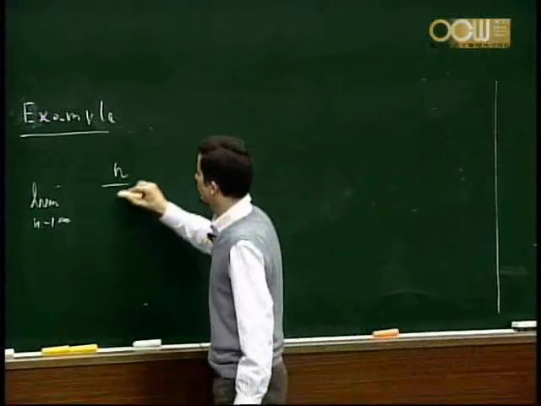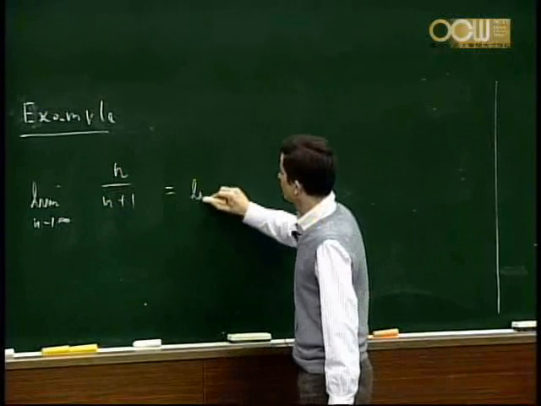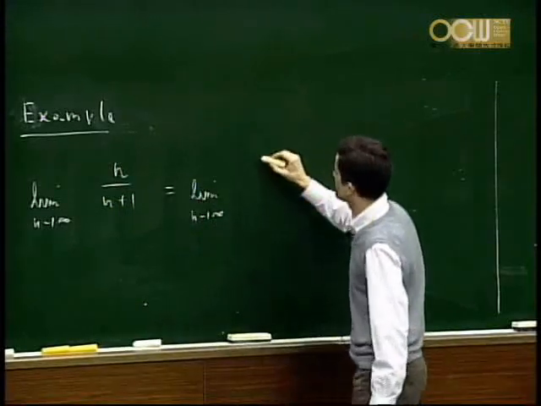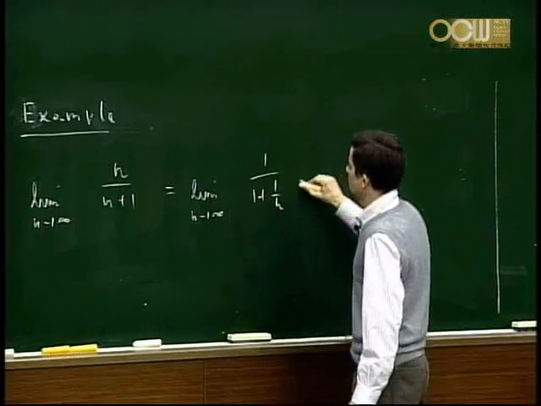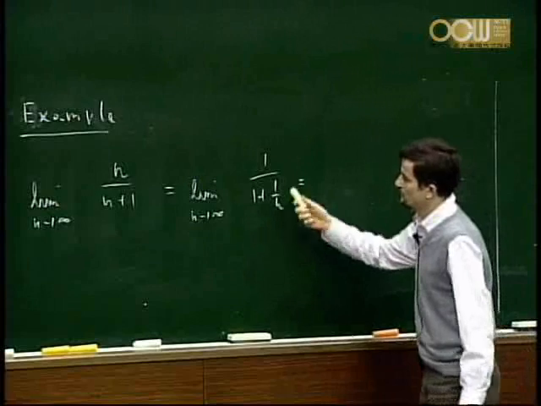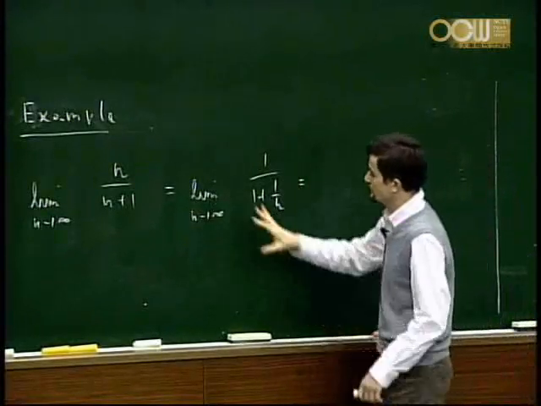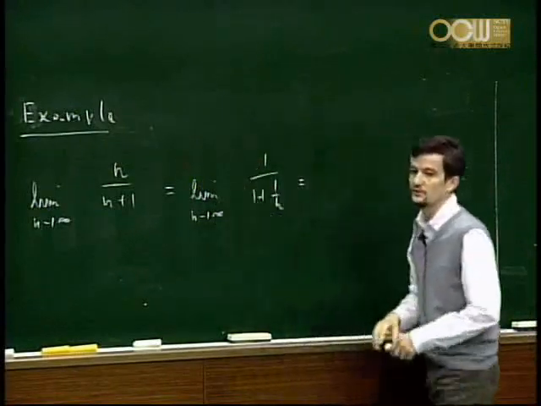So if we look once more at this example here, we know already the trick. We divide both by 1 over n. So we have 1 over 1 plus 1 over n. Now, since all the limit laws hold, the limit of a fraction is the limit of the numerator divided by the limit of the denominator.